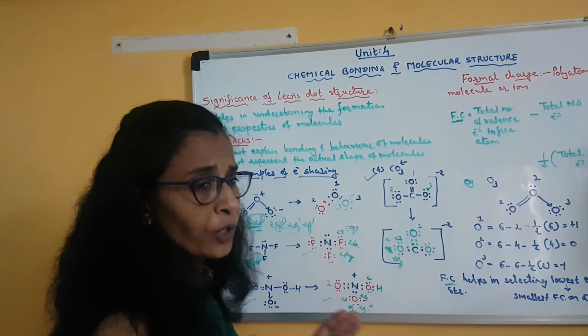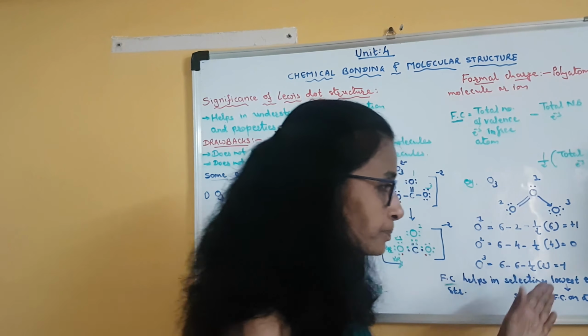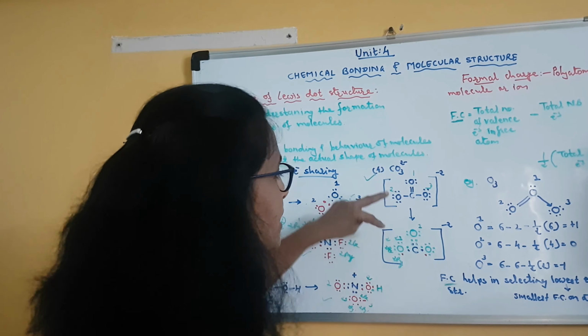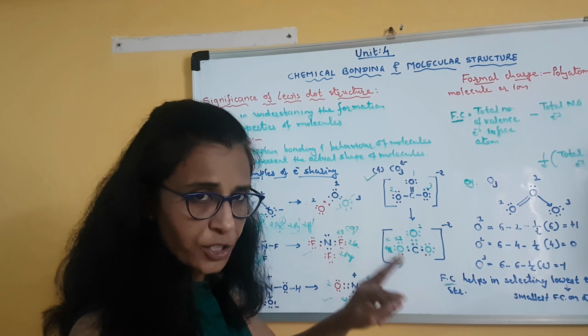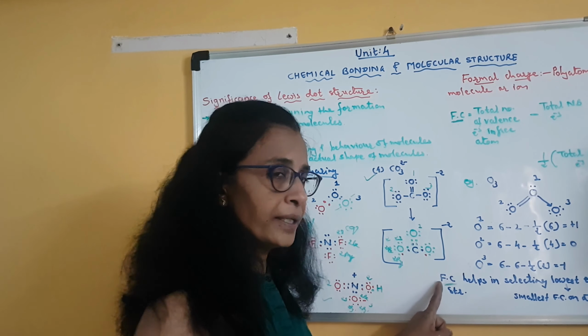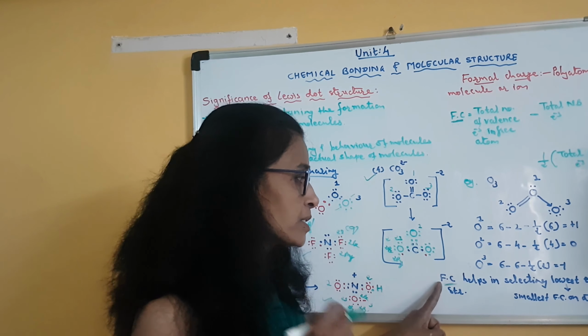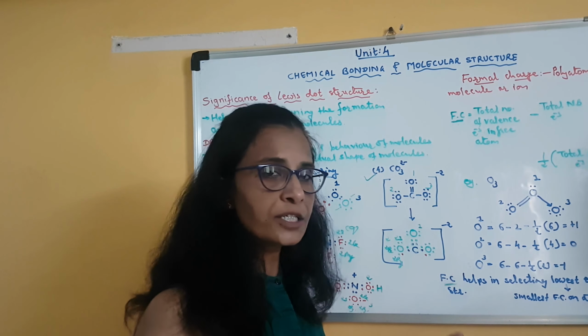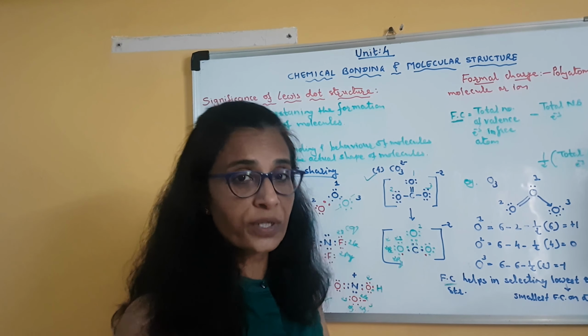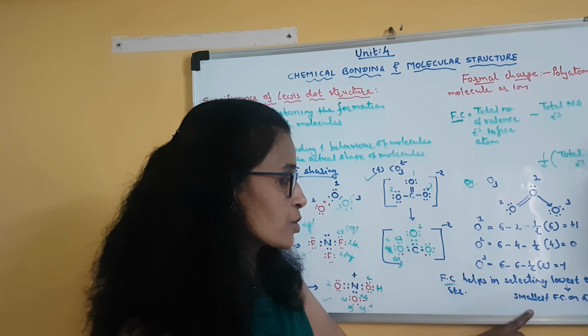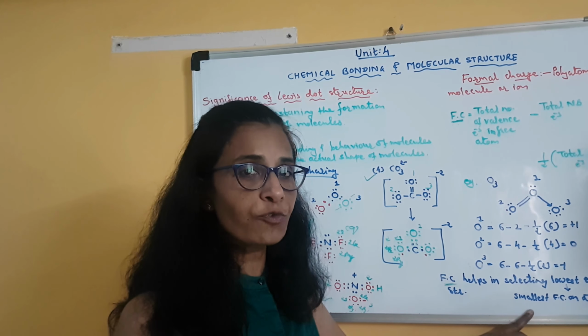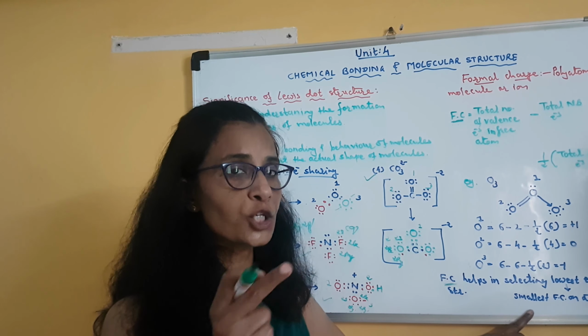So whenever the molecule or the ion is having more than one possible structure, then formal charge helps us in selecting the lowest energy structure. Now which one is the lowest energy structure? It is that structure in which smallest formal charge is present on each atom.